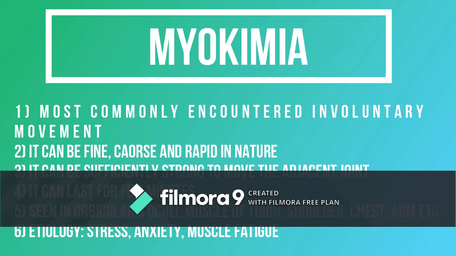These involuntary movements can last sometimes for a few minutes, and they can move the joint also if the muscle is very close to the joint. Myokimia is usually not pathological and is brought on by stress, anxiety, and muscular fatigue.